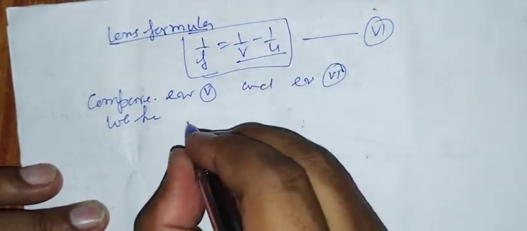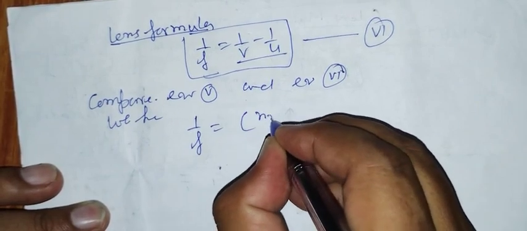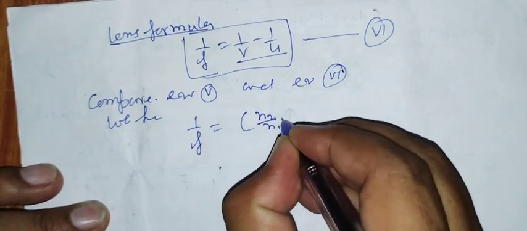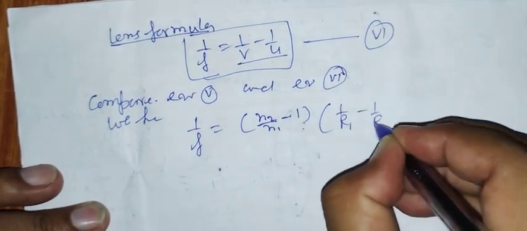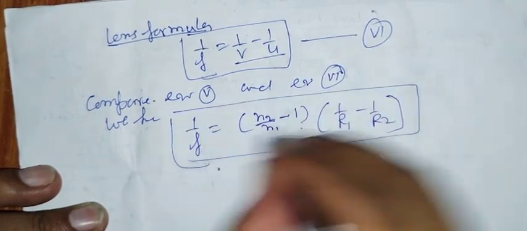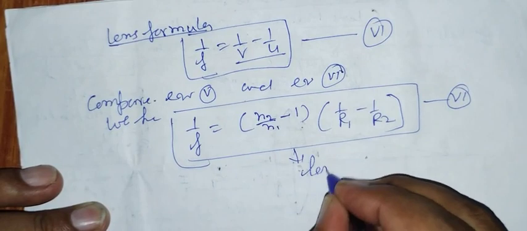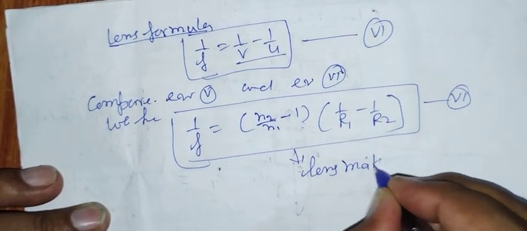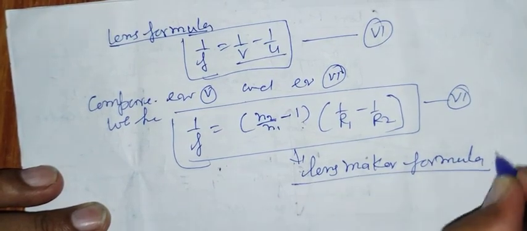Both are common, then 1 by f is equal to n2 by n1 minus 1, 1 by r1 minus 1 by r2. This is called the lens maker formula.